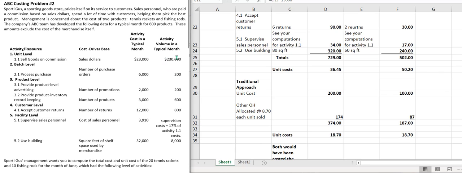So $230,000 worth of sales, 200 purchase orders, 200 promotions, 600 products, 800 returns. Those 800 returns cost $12,000 to take care of. Now for supervising the sales personnel, it's 17% of the unit level cost, so 17% of 230,000.